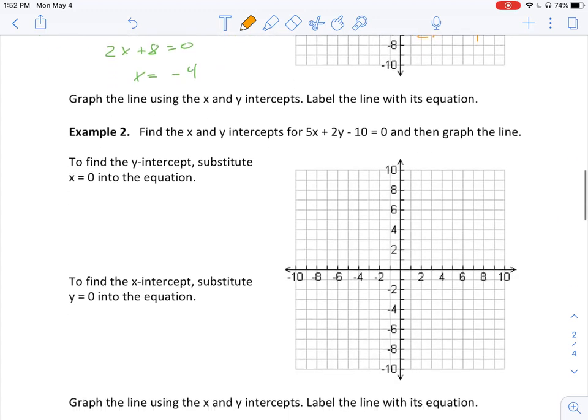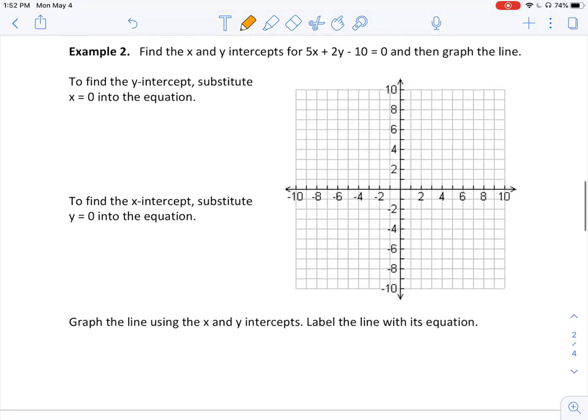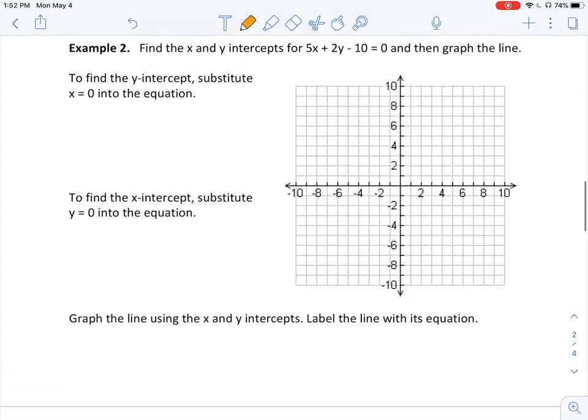Second example: find the x and y intercepts for the line 5x plus 2y minus 10 equals 0, and then graph the line. Okay, so same thing as we did before. If we're finding the y-intercept, or where the line touches the y-axis, we need to set x equal to 0.